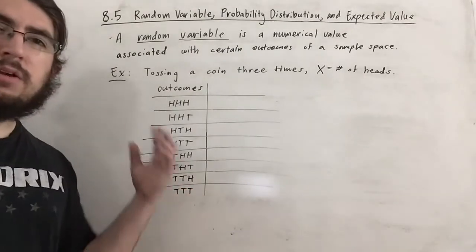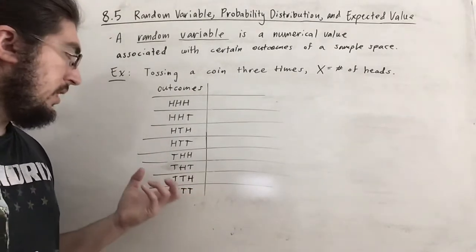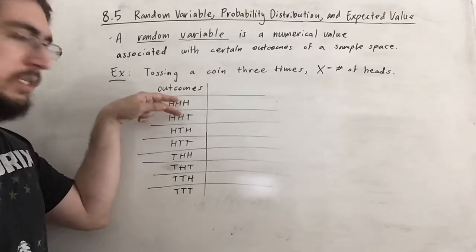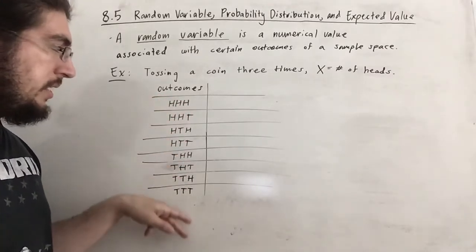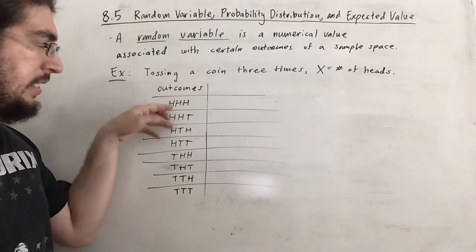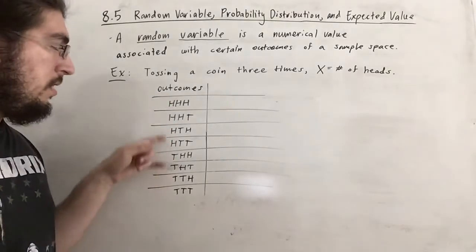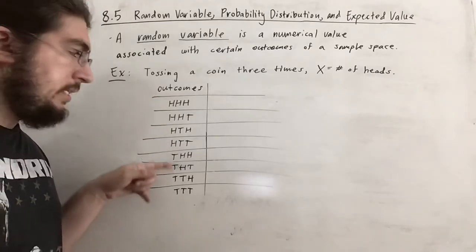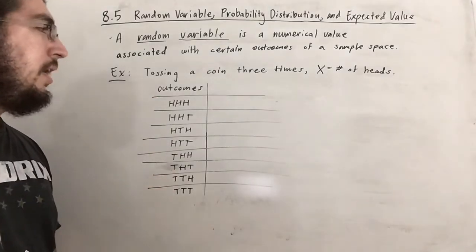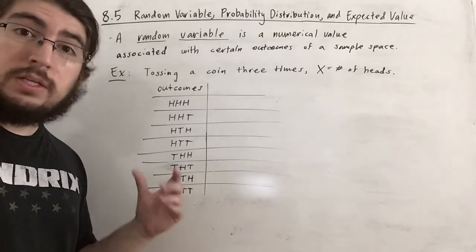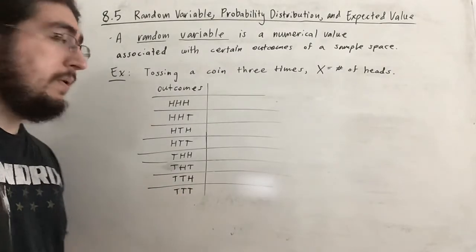You can take a look at how I constructed this. The last one alternates: heads, tails, heads, tails, heads, tails, heads, tails. The second one is heads, heads, tails, tails, heads, heads, tails, tails. And the third one is heads, heads, heads, heads, then tails, tails, tails, tails. So these are the outcomes for our events, the total possibilities of the experiment.